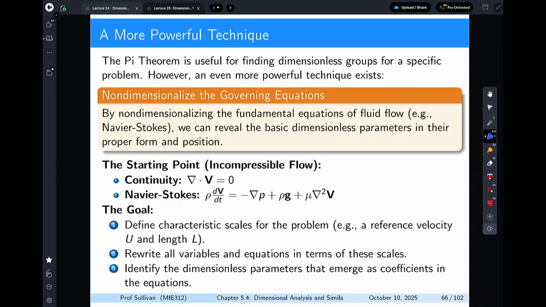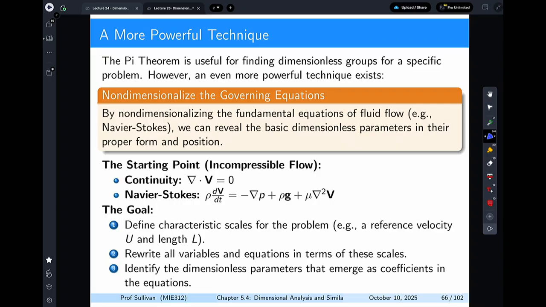So just a shout back to chapter 4, which is kind of useful. We can always non-dimensionalize equations. So I do a lot of experiments, and my students do a lot of experiments. And we tend to take the equations of motion and we say, okay, we have continuity, we have momentum, Navier-Stokes equation, and we start there, and we can define characteristic scales for the problem.